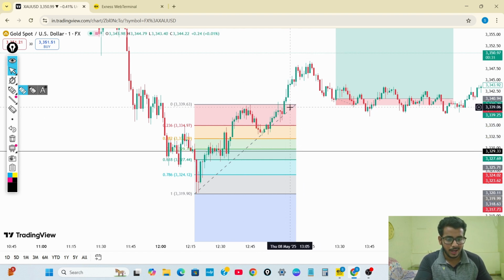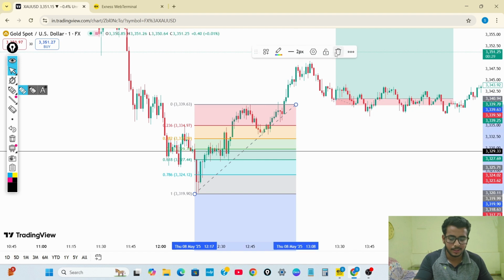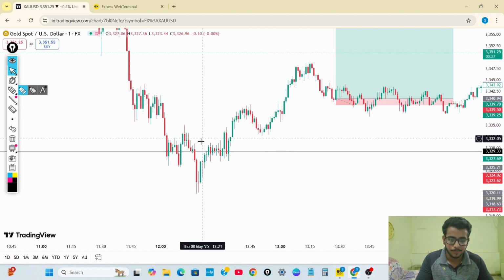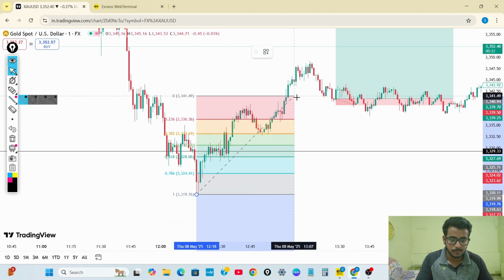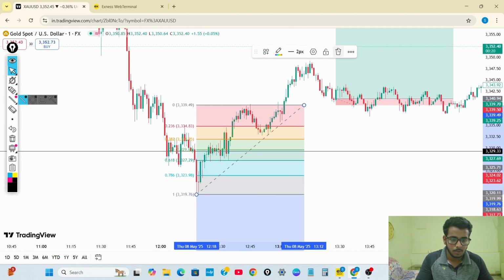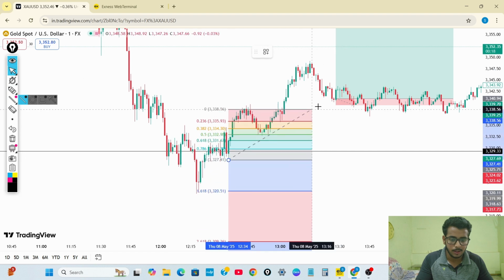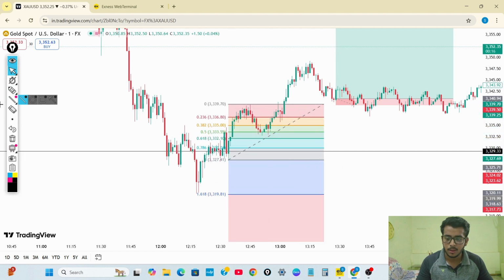Instead of drawing this as a fib level, I simply drew a fib level like this. Sorry, this was the fib level I drew, and I saw that the market is in an uptrend and near the higher low, so I let it make the higher high.